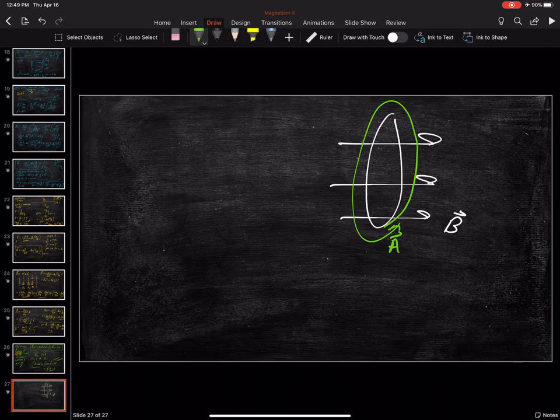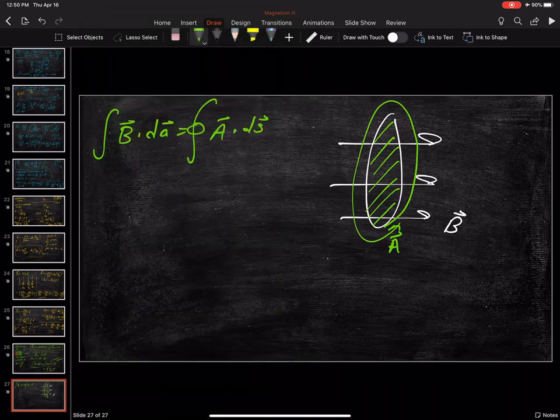And so this theorem says that the integral of B dot dA, some little area through this thing here, is equal to the integral of A dot ds integrated on the loop that surrounds that area. So this is very nice. Why? Because in the case of the solenoid, now we can work this thing out a whole lot faster, a whole lot easier. A nice tricky way of doing it.